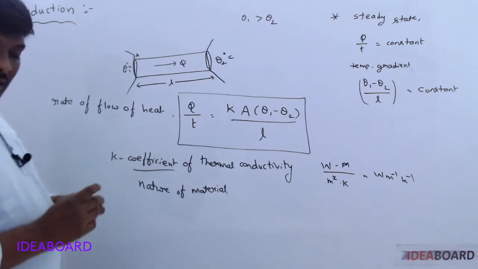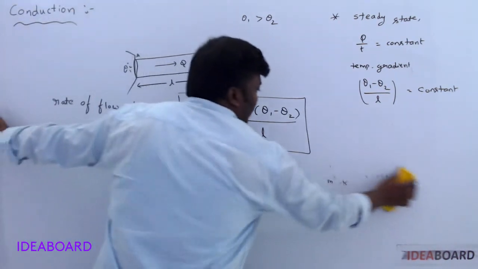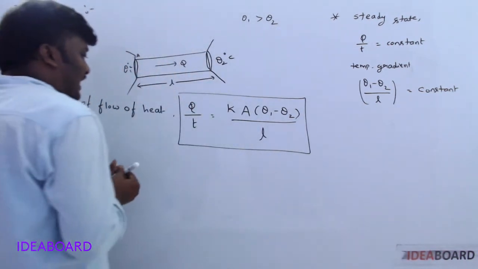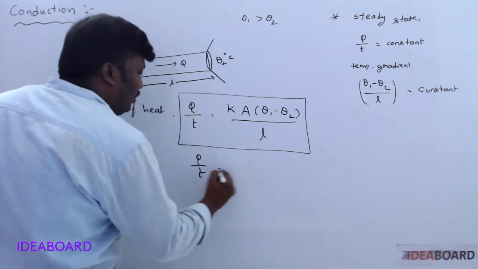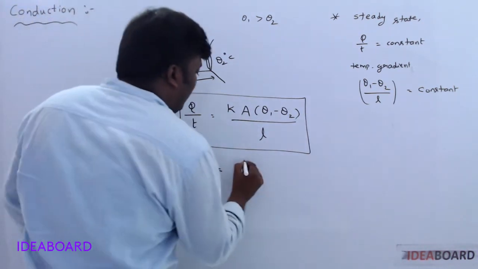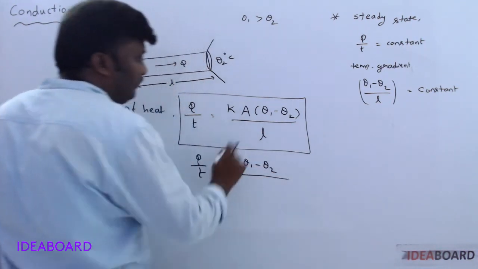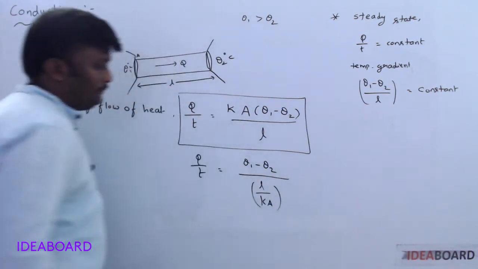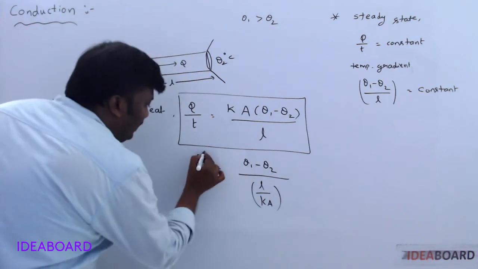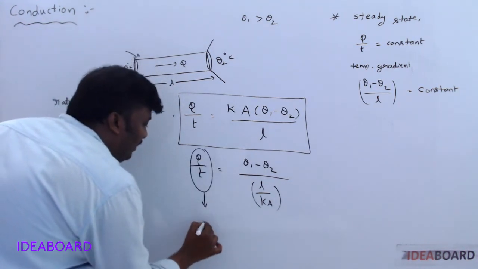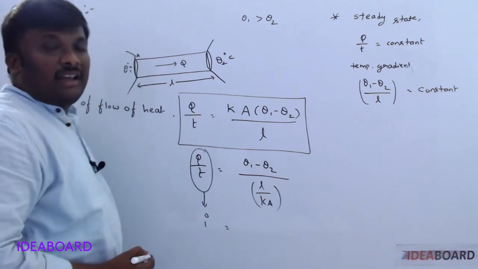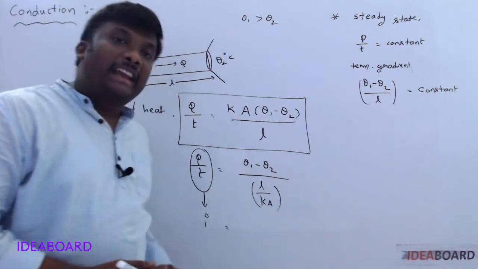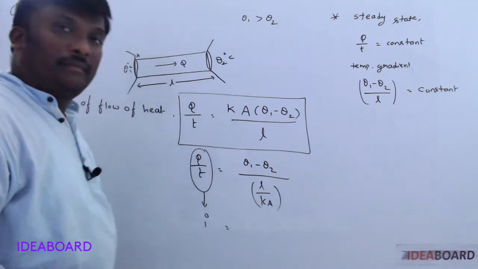Okay. Now based on this, the equation changes like this: Q by t is equal to (theta 1 minus theta 2) divided by L by K A. Now Q by t is replaced by I. I is current. Here heat is transferred, so it is named the heat current. Heat current or Q by t, both are the same.